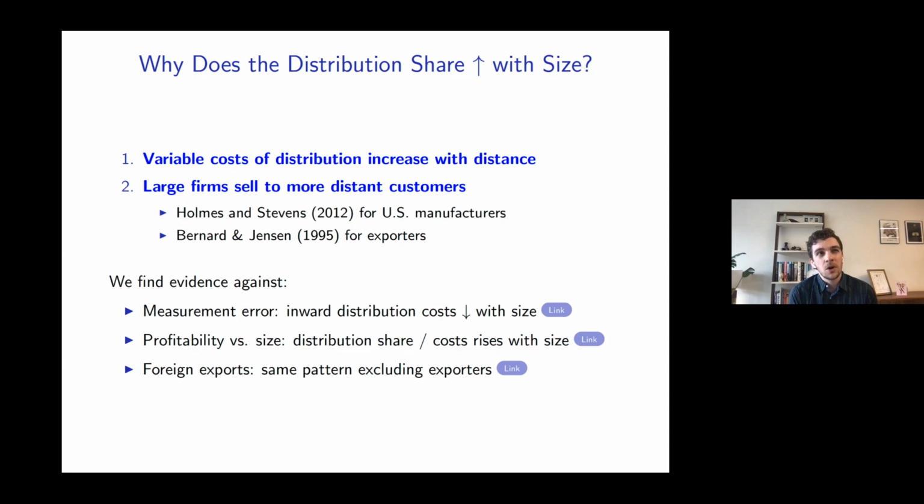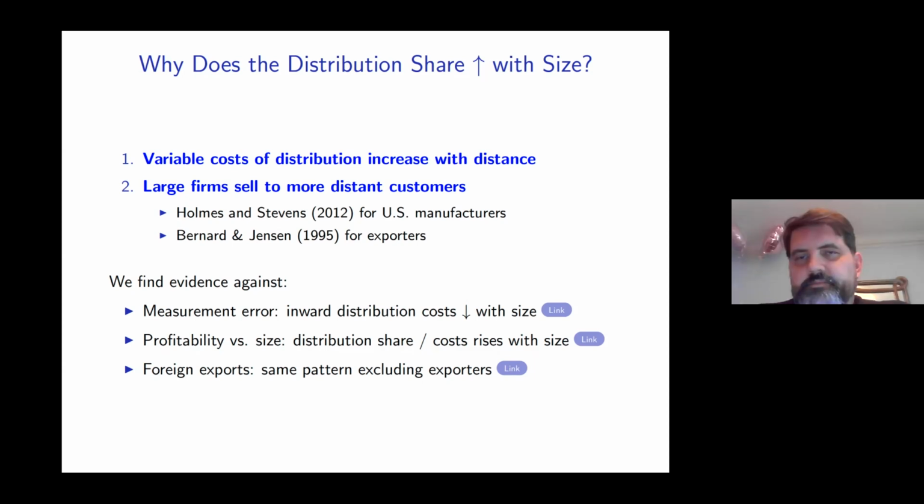I think we do know, based on other countries, that we have plenty of evidence that larger firms do sell to more distant customers though, right? So we think that this is a natural way of capturing this, but I agree, we just don't have the data to really tease all of these different points apart, unfortunately.